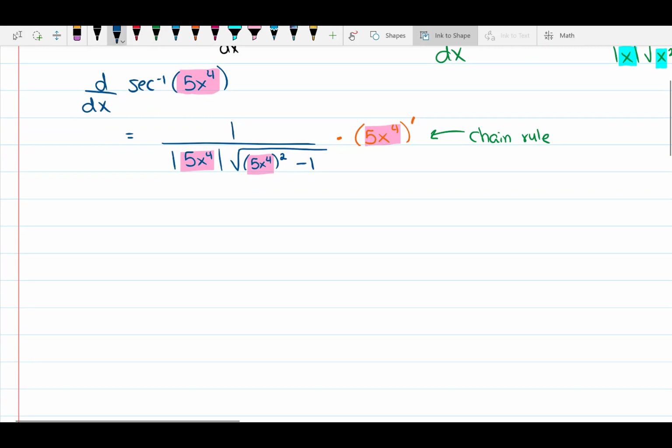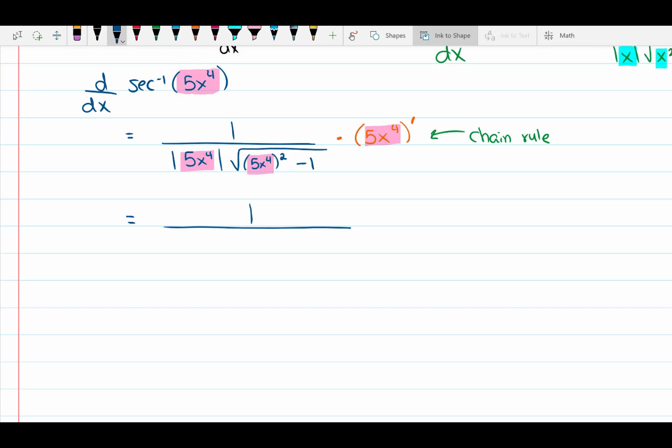Okay, now all we're left to do is do some simplifying. And I want to point out that 5x to the fourth is always positive no matter what x values I use. So because 5x to the fourth is always positive, we then can get rid of our absolute value bars.